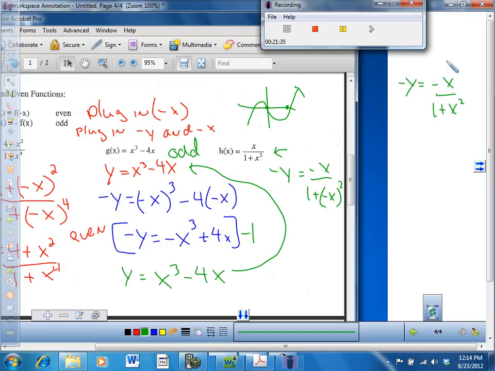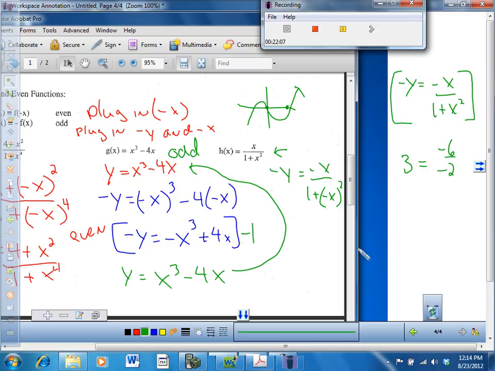And then if I multiply through by negative 1 again, I just multiply through the top. I don't multiply the top and bottom of this fraction by negative 1, right? Why not? Say I have 3 equals negative 6 over negative 2.